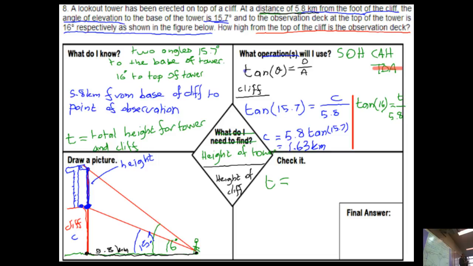Like that. Now, if we are after the total height, what side of the triangle is the total height again? There's the angle. It's the opposite side of the triangle, isn't it? So if I'm after the opposite side of the triangle, I cover up the side I want to work out and see what's left.